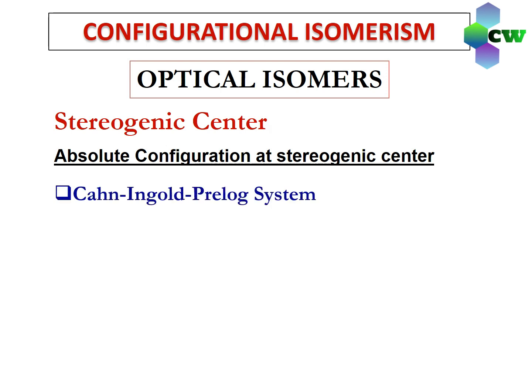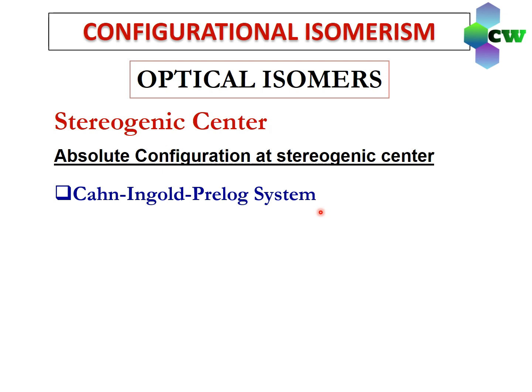To do that, we have to apply the Cahn-Ingold-Prelog system. As I have told you already in the determination of E and Z isomerism, which you can find through this link here, the Cahn-Ingold-Prelog system makes use of the atomic numbers of the atoms directly attached to a particular center in the molecule.